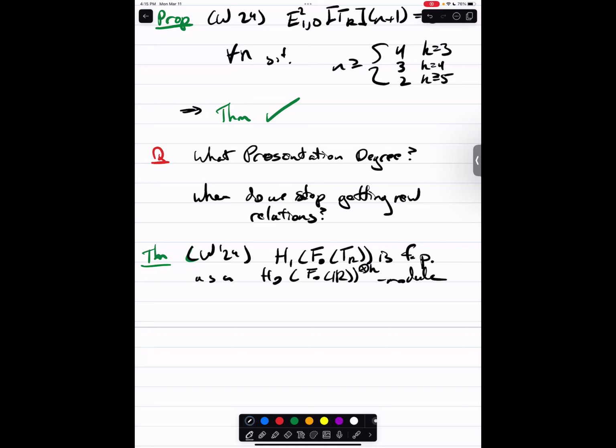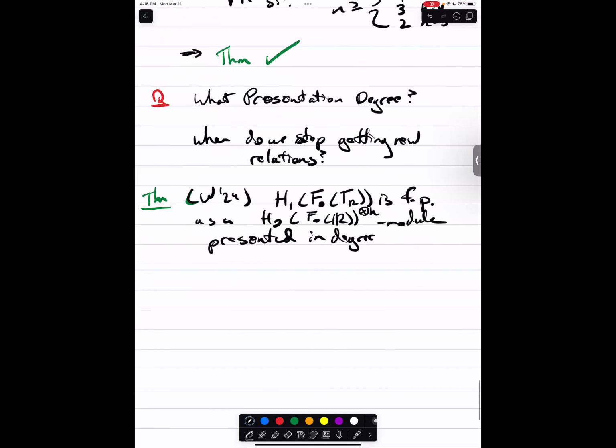And we can say, moreover, presented in degree n less than or equal to 5 for k equal to 4 and 5, and 3 for k greater than or equal to 3.